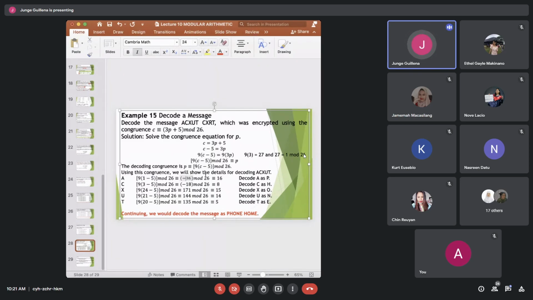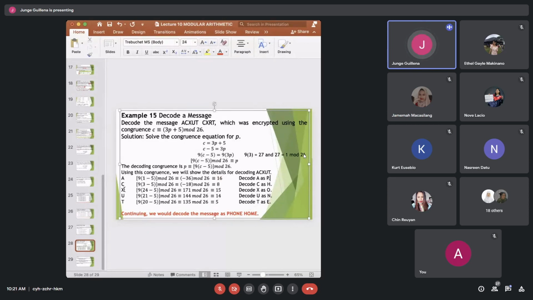Negative 36 divided by 26 cannot be done because that is a negative number. So you just add 26 until you get a whole number less than the modulus. Negative 36 plus 26 is negative 10. Negative 10 plus 26 is positive 16. So you decode A as P, because the 16th letter is letter P.